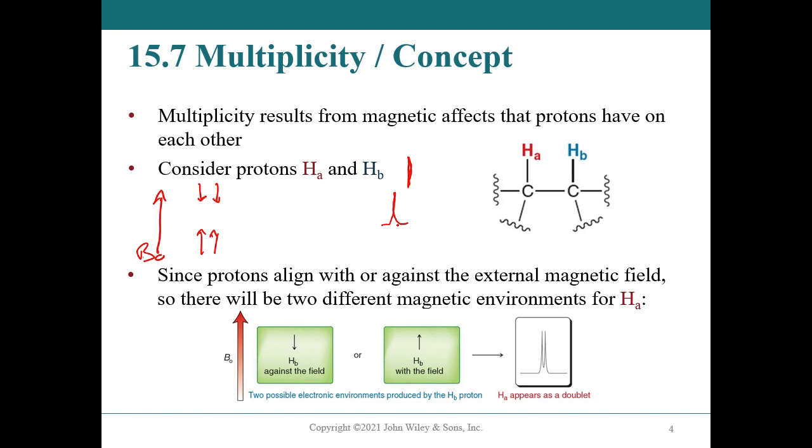On the other hand, if B is opposite, now we have a magnetic field that's opposite B0. It's going to make B0 slightly weaker, or at least the field that the hydrogen A is experiencing is going to be slightly weaker, and so it's going to be at a slightly lower chemical shift.